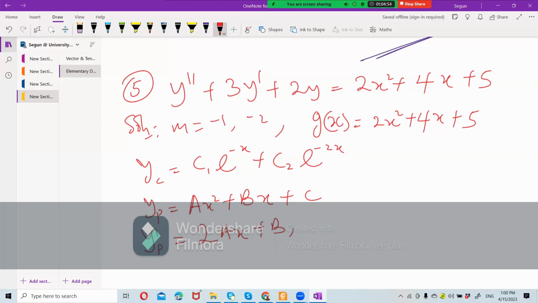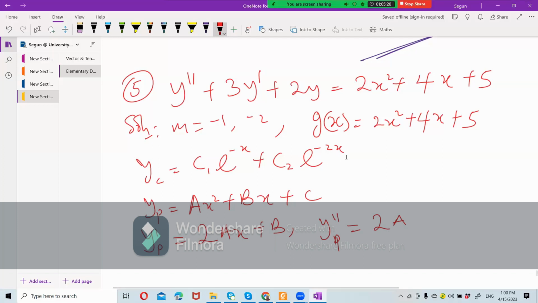When you differentiate it the second time, what do we have? You have 2A. Any question? Y double prime is 2A. Correct. Do you agree? Yes, sir.